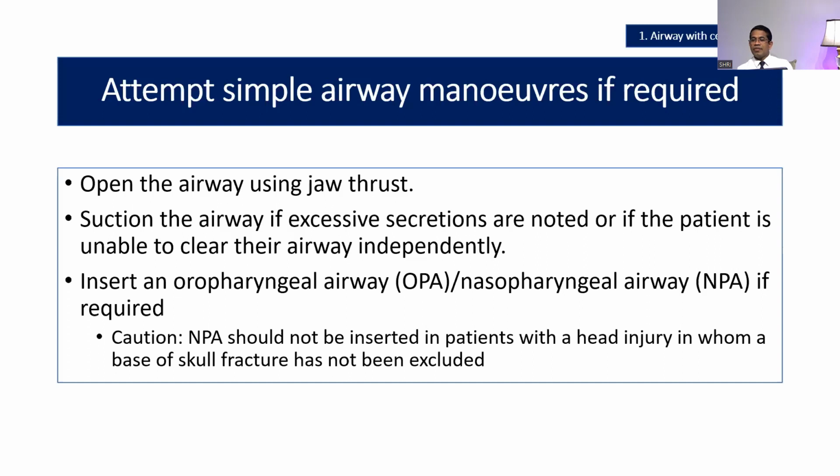If the patient has secretions, you need to suck them out. And if you have an oropharyngeal airway and the patient has a blunt airway response, you can insert a nasopharyngeal airway. But make sure that in a patient with a base of skull fracture, you do not insert a nasopharyngeal airway because it might end up in the brain.